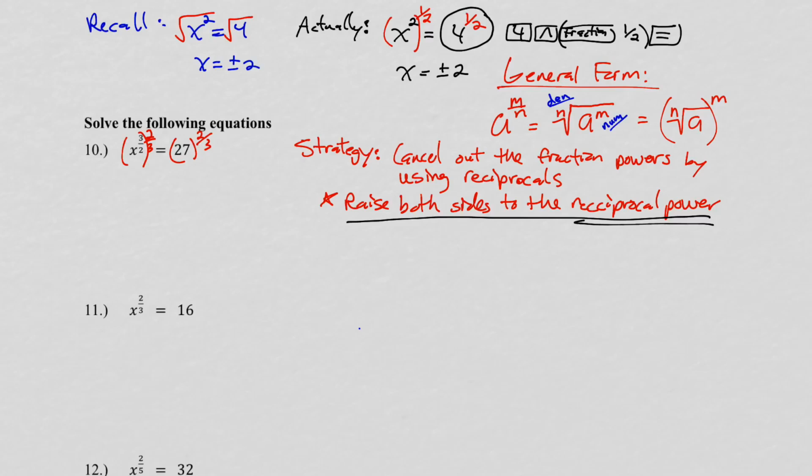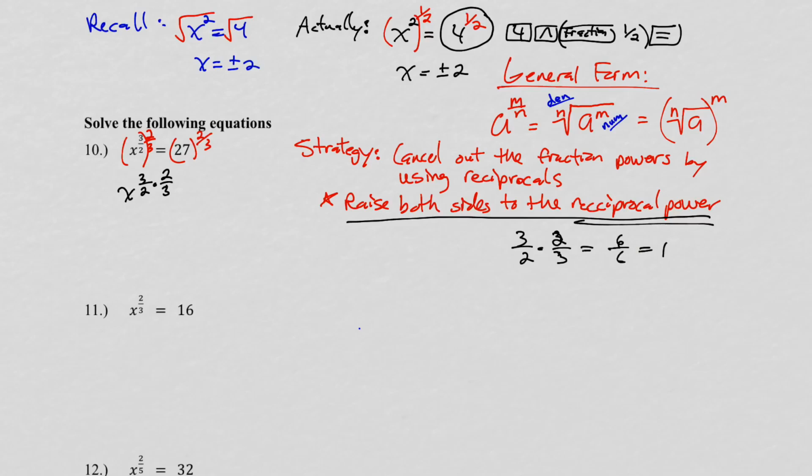And so what happens is you got 3 over 2 times 2 over 3. And if you multiply reciprocals, okay, so in this case, you have 3 over 2 times 2 over 3. Well, that's actually 6 over 6, which is just 1.